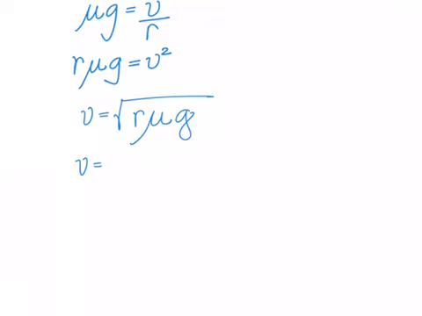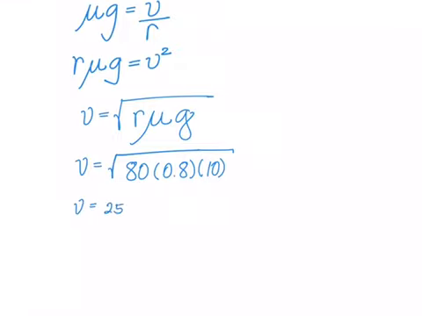Now let's look to see what we were given. We were given that the radius is 80 meters. The coefficient was 0.8. We're going to use the estimated 10 meters per second squared for the acceleration due to gravity. Then we're going to take the square root of this. So this leaves us with a final velocity of 25.29 meters per second.